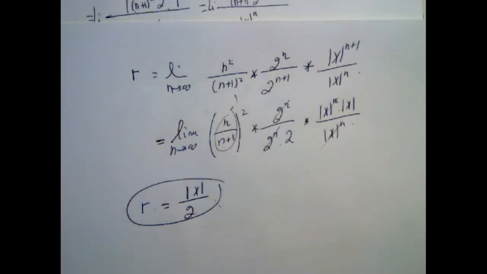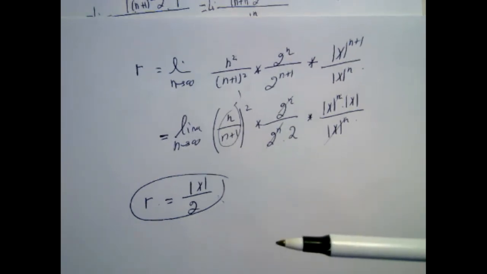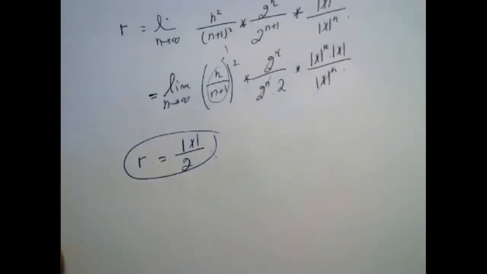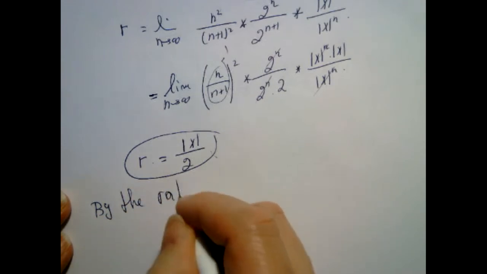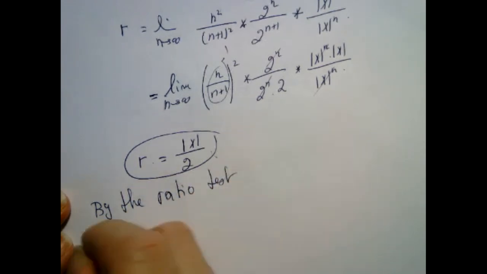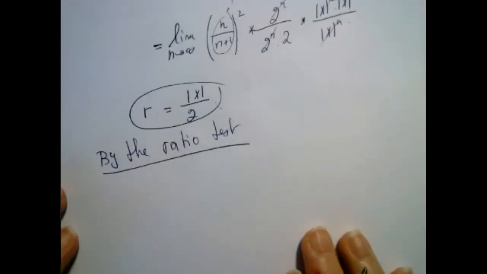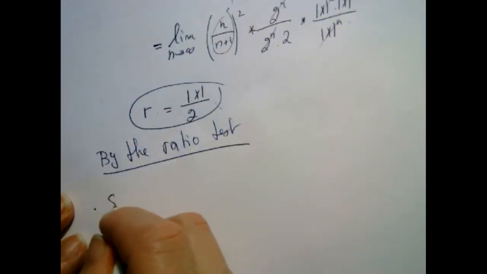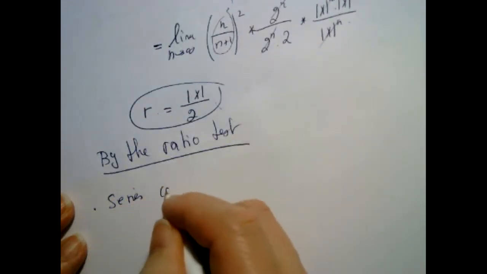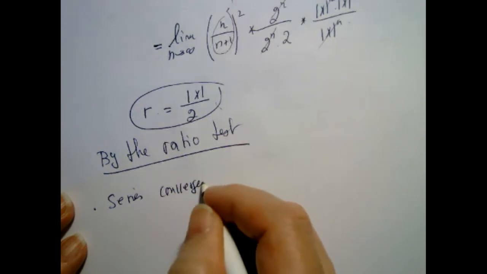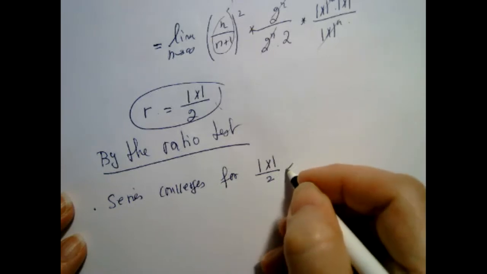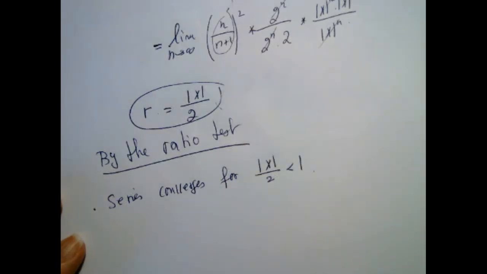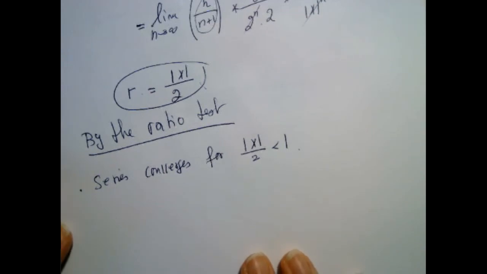So now we're going to do the discussion, and our discussion is going to depend on the ratio test. So by the ratio test, what do we have? We have the series converges when the absolute value of x over 2 is less than 1.